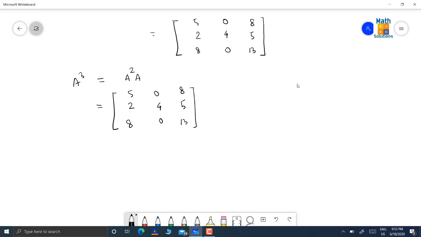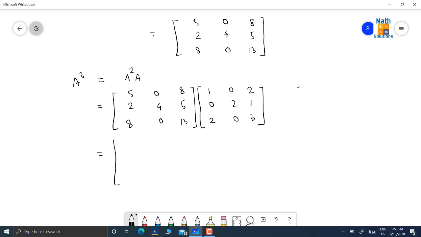With this, I'm going to multiply the value of A. What is A here? 1, 0, 2, then after 0, 2, 1, then after 2, 0, 3. So these two should be multiplied.